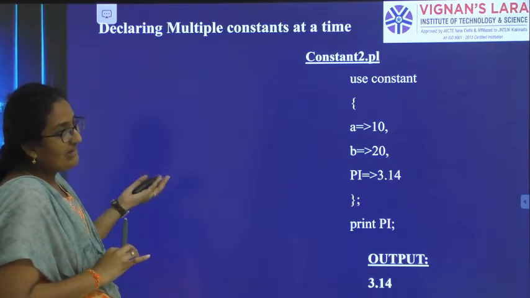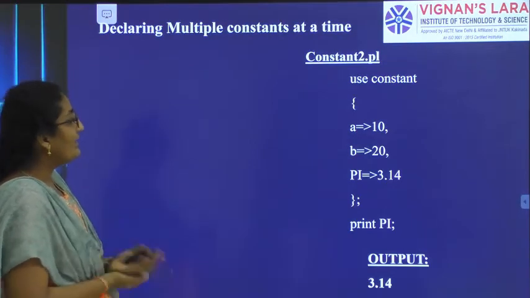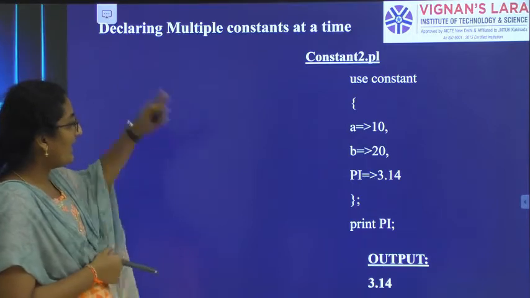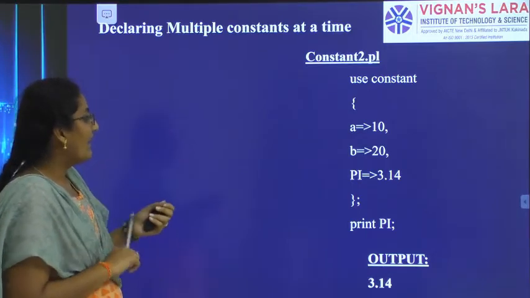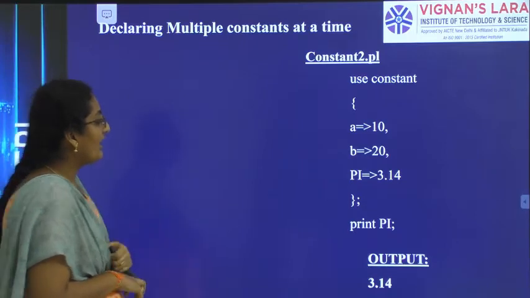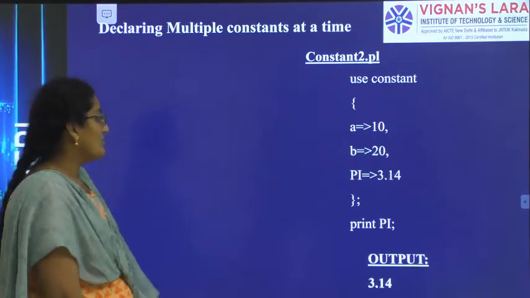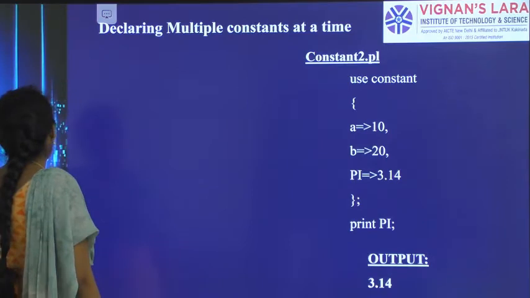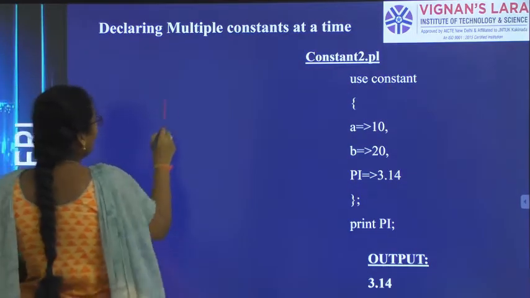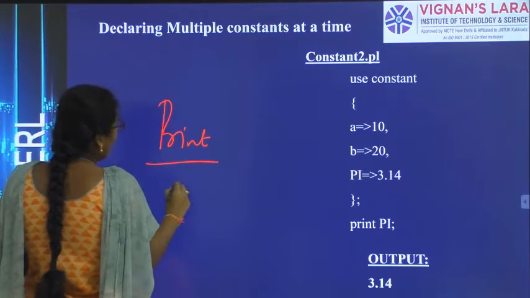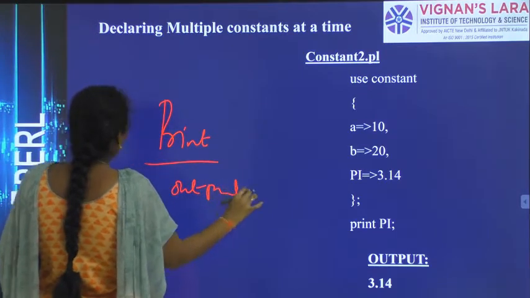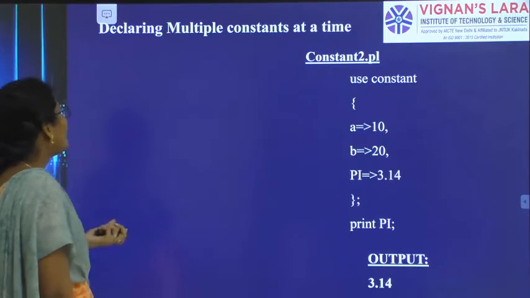You can declare different numbers of constants at a time, and you can print also. Here I declared the pi value as 3.14, and I got the pi value in the output. And for printing, what are we using? Print only. Print is the word used for displaying output. So this is about constants.